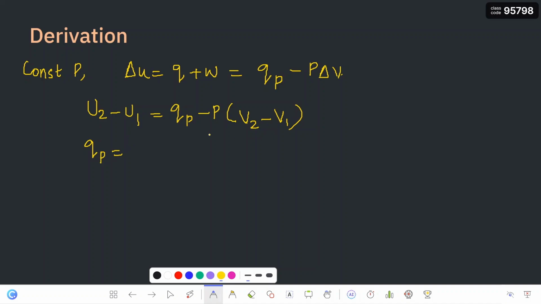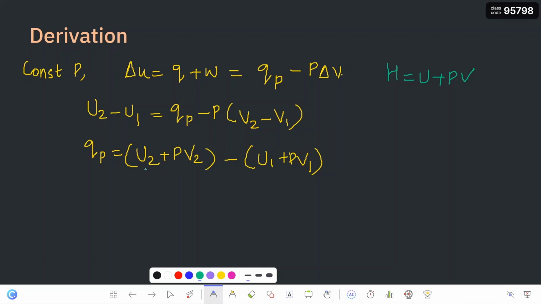So, we can combine these things, U2 minus P into V2. We can write like U2 plus PV2 minus U1 plus PV1. We can rearrange this equation like this. Now you should remember, before we learned that H is equal to U plus PV, enthalpy.